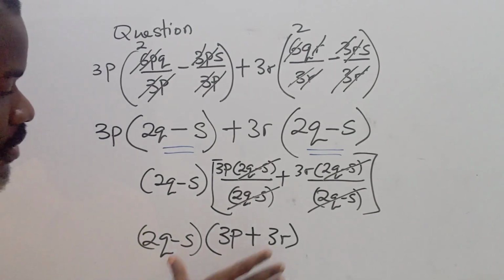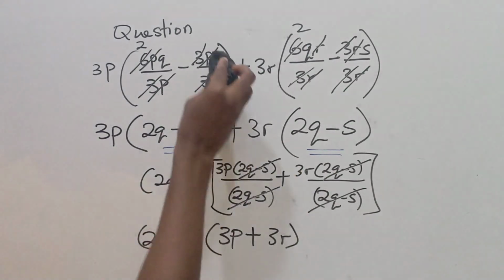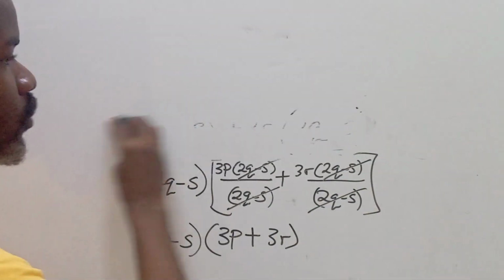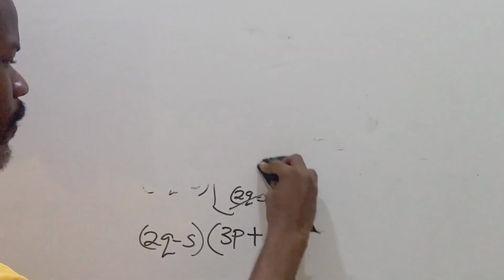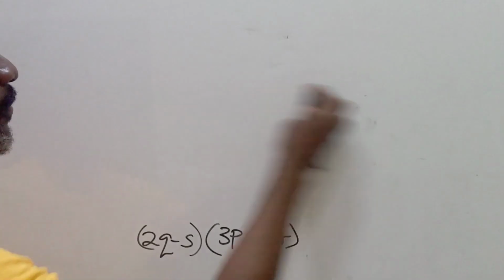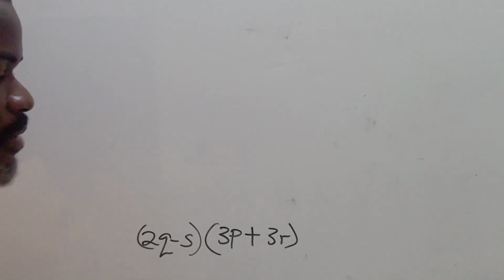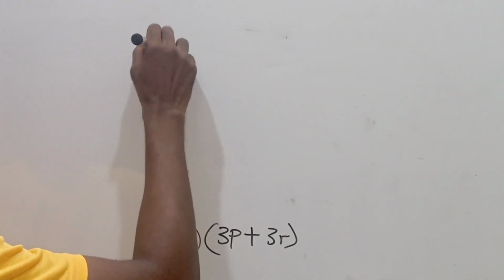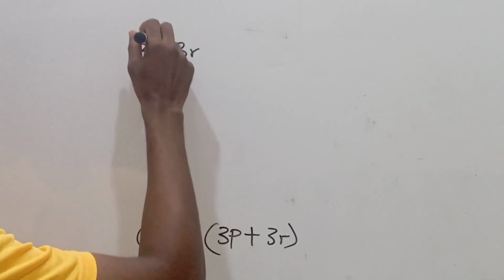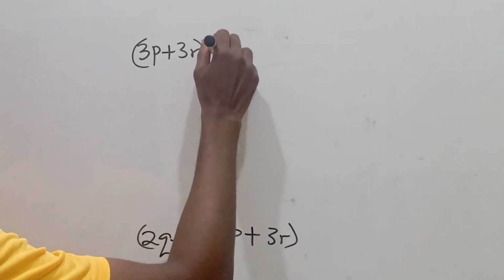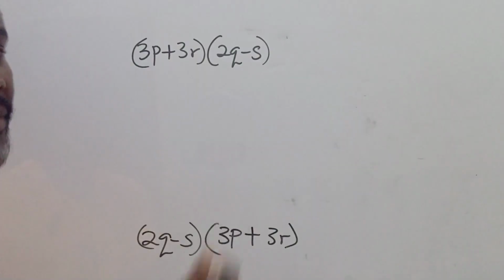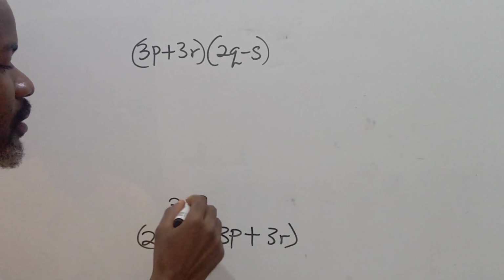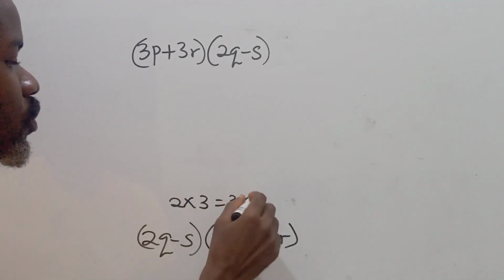Having gotten to this point, we can now finish the equation, but we can still check if something is common. Remember, we have this multiplied by this, which I can still write as 3p plus 3r multiplied by 2q minus s. Remember in maths, if I say 2 times 3, it also means 3 times 2.